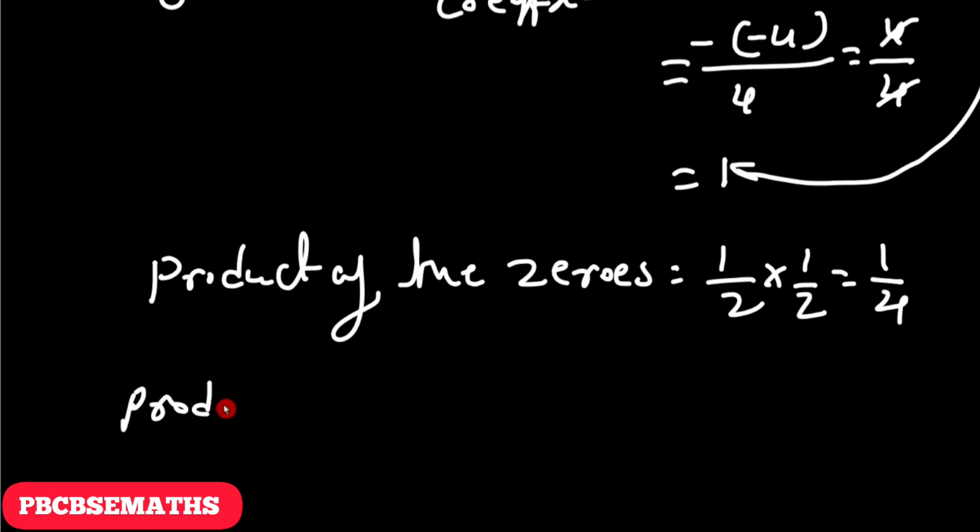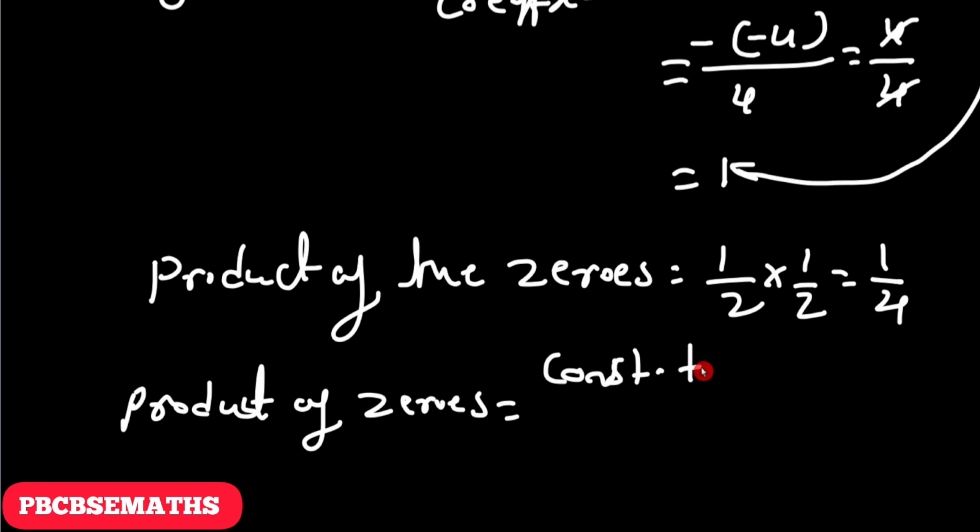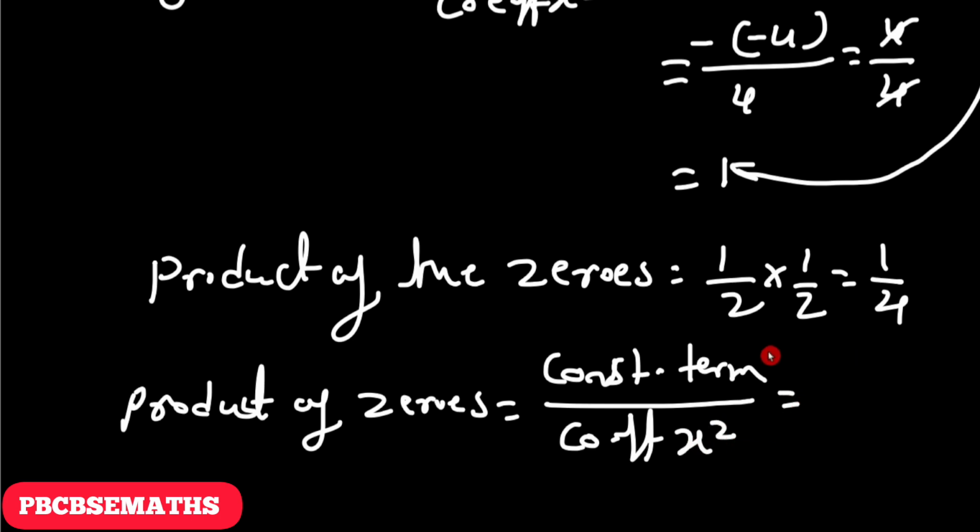We know that the product of zeros is always equal to the constant term divided by the coefficient of x square, that is c by a. Constant term c is 1 there, divided by the value of a, which is 4. So we can say that this one is also the correct answer.